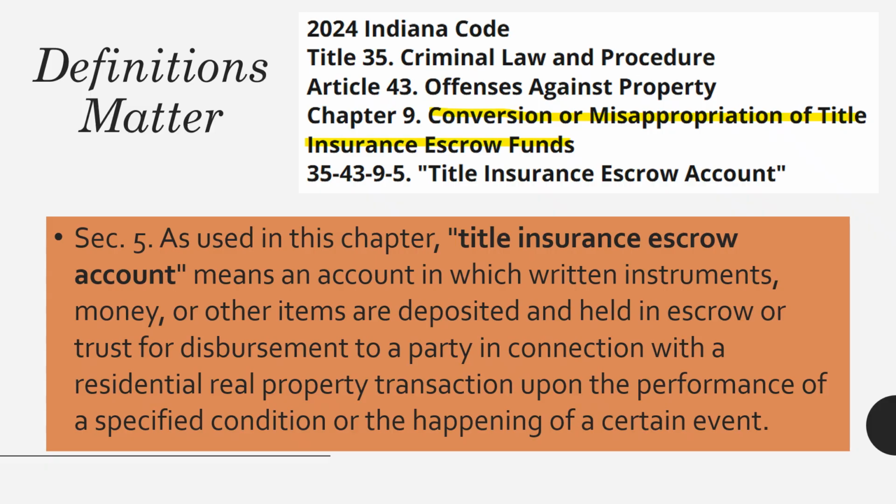In that statute, it says the title insurance escrow account is any account in which written instruments, money, or items are deposited and held in either escrow or trust for disbursement to a party in connection with a residential real estate transaction. Again, now we're really starting to be able to break down those definitions, understand what they mean, and be able to do interviews and plan our investigation accordingly.